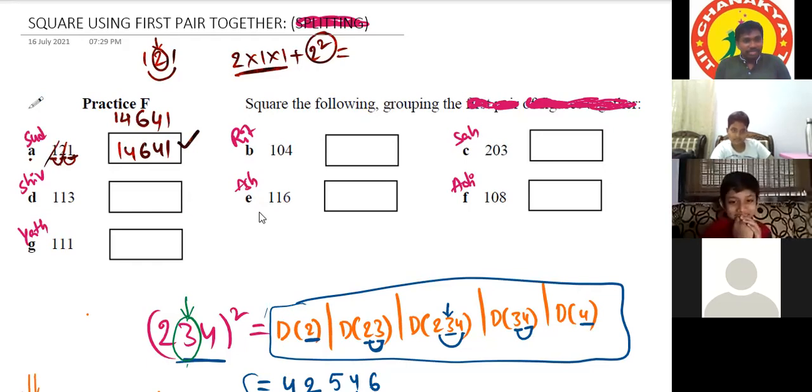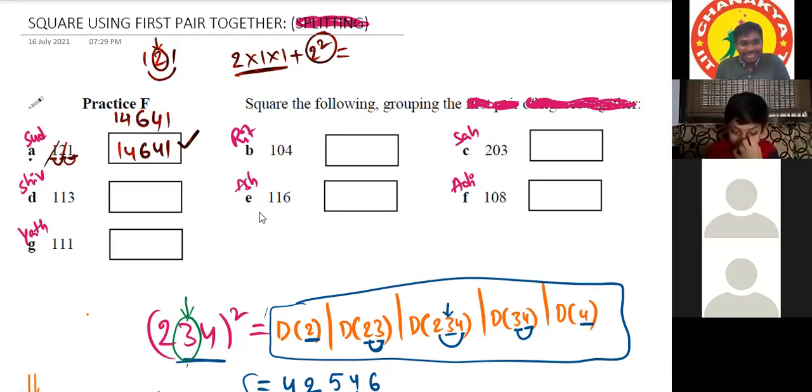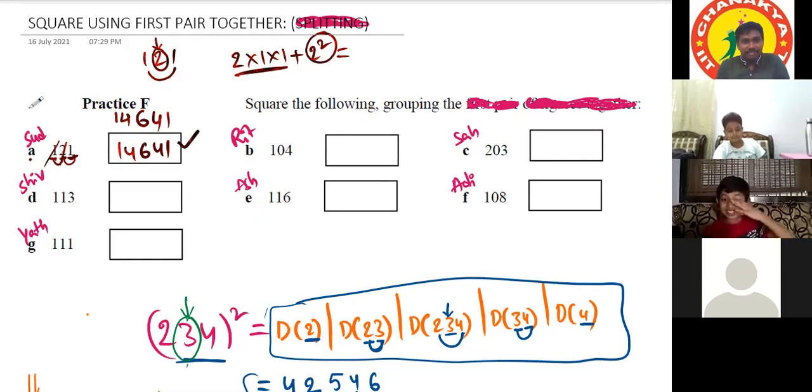Even for 121 also. Sir, for 102 it's. Sir, can I repeat? Proceed. So the duplex of 1 is 1. And the duplex of 10 is 0. And the duplex of 102, 1 into 2 into 2 plus 0 square is 4.